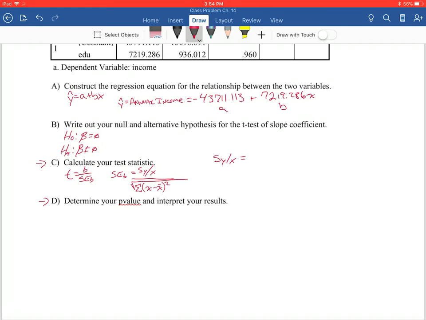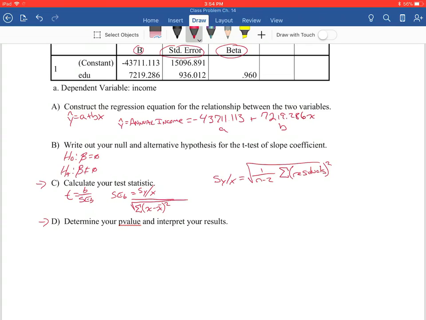If you're wondering what s_y|x is, that equation is equal to the square root of 1 over n minus 2 times the sum of the residuals, or the residual outcomes you have from your line, squared.